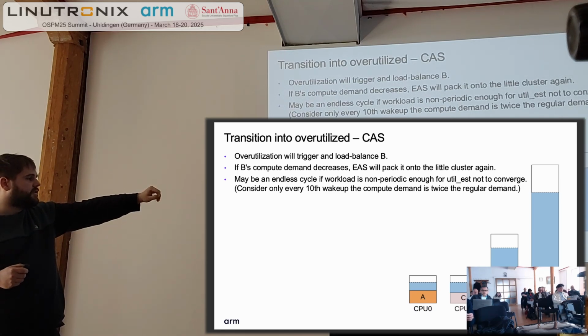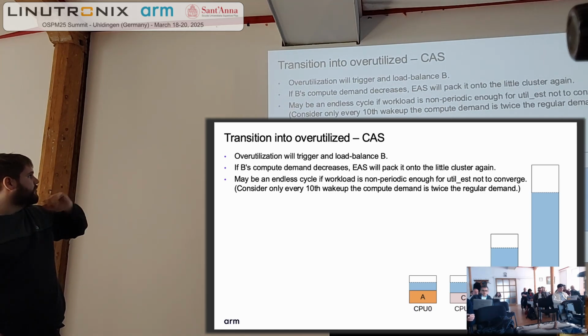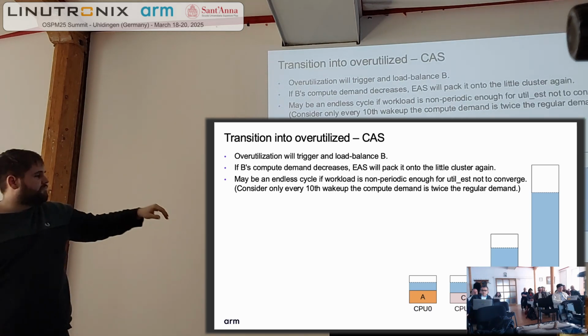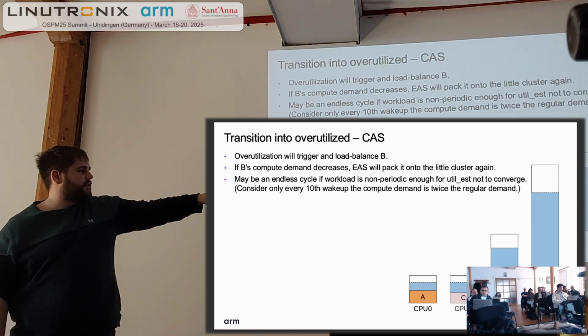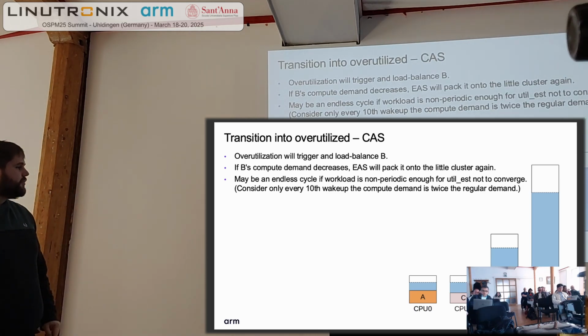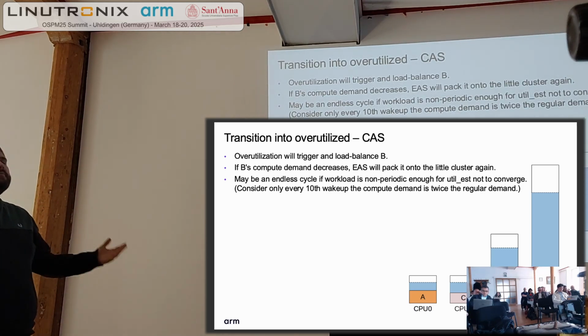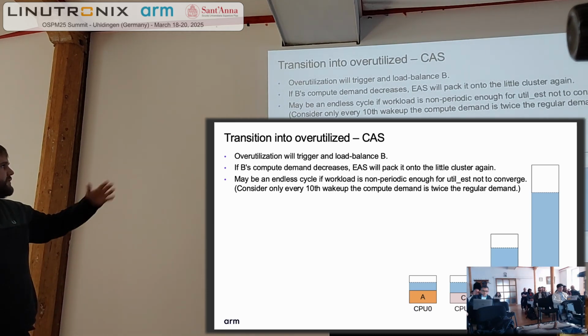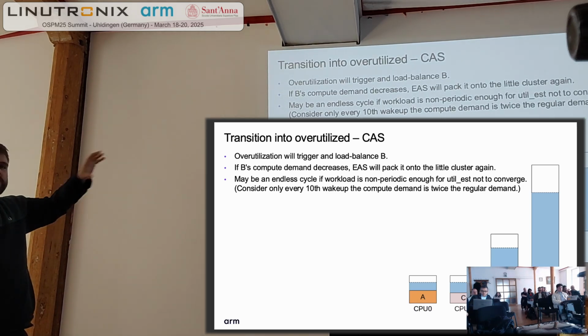CAS doesn't care, it could be either A or B. Now, if B or A, whatever has been placed on CPU 3, decreases its compute demand again, if it's not perfectly periodic, then we could basically be in an endless cycle of CAS and EAS and have these 2 task placements that cycle back and forth.